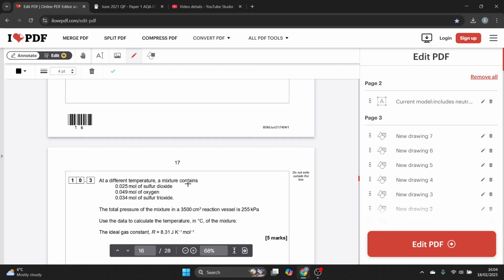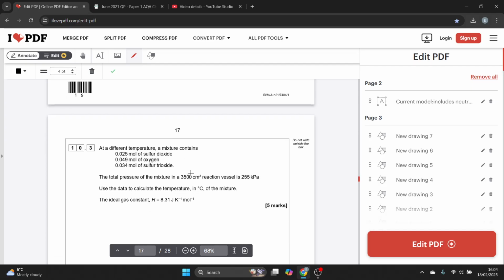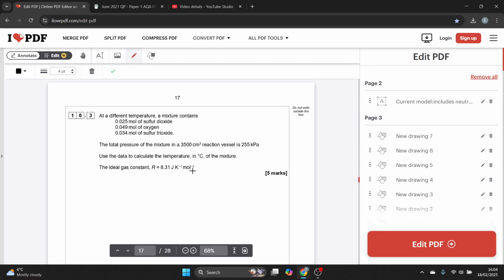This was a bit more tricky. Why would it give me the ideal gas constant? Oh, I'm going to have to use PV equals nRT. So I need to spot that firstly.